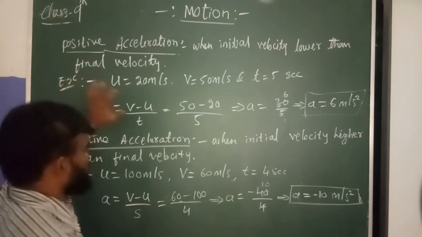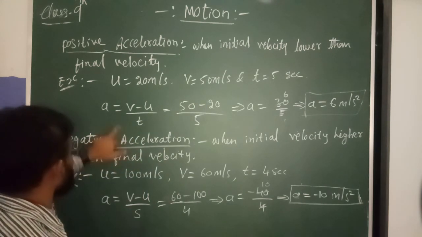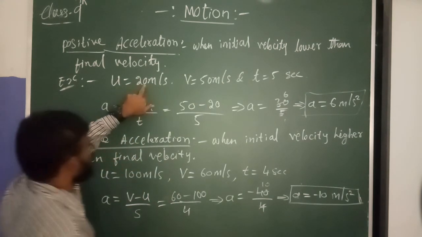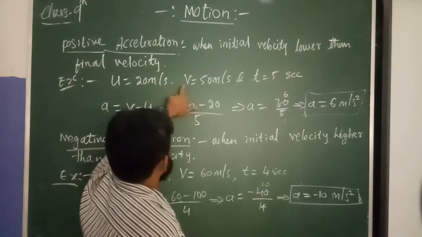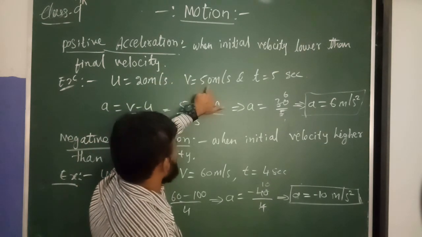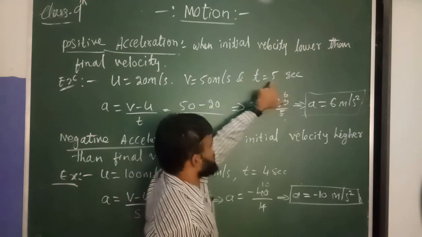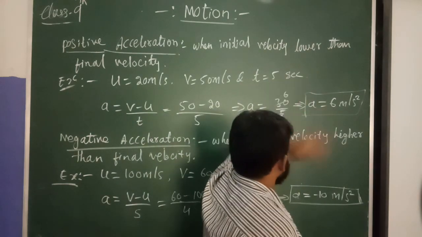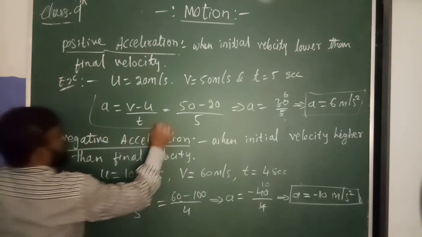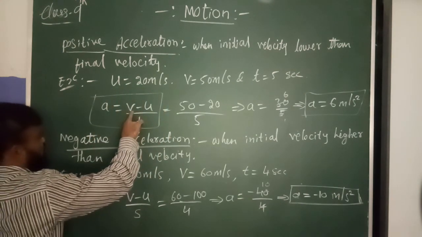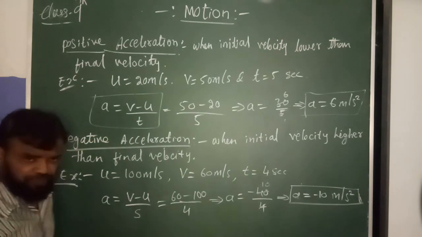For example, I have taken an example so that you can understand. Initial velocity u is equal to 20 meter per second, and final velocity v is equal to 50 meter per second, and the time taken is 5 seconds. According to these three values and this formula, acceleration is equal to final velocity minus initial velocity divided by time.